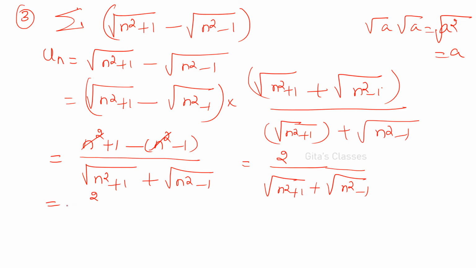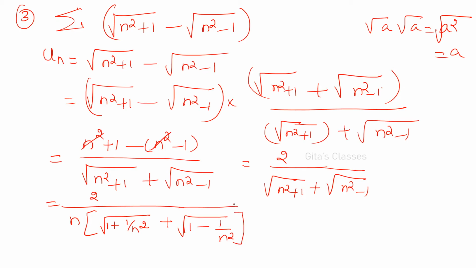So I am taking n outside. Inside the root, what will happen? 1 plus 1 by n squared, root of 1 plus 1 by n squared, plus root of 1 minus 1 by n squared.